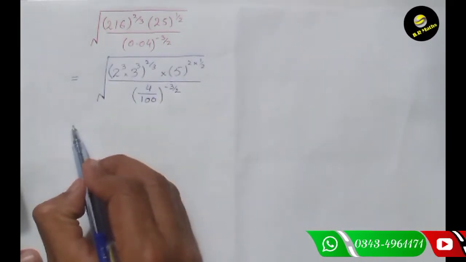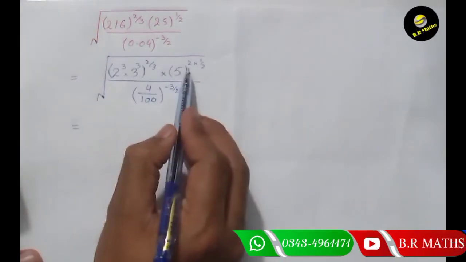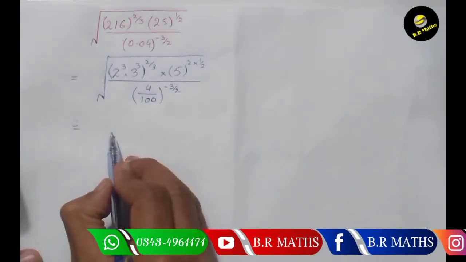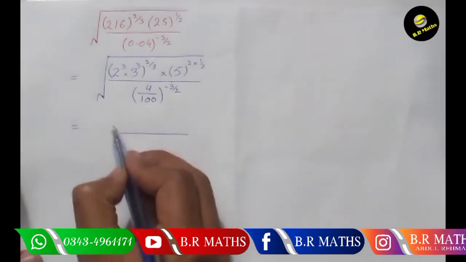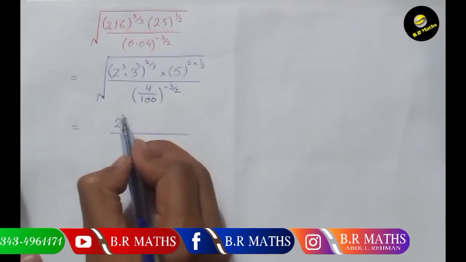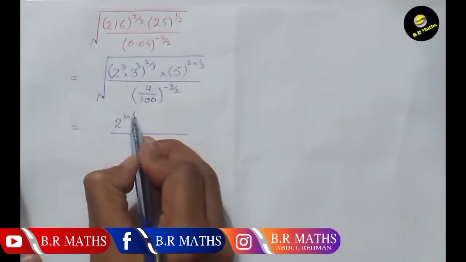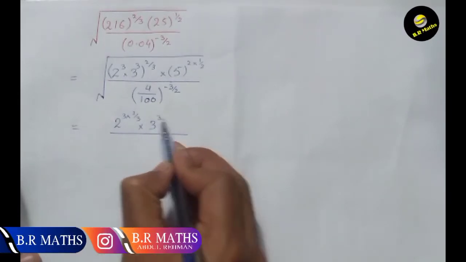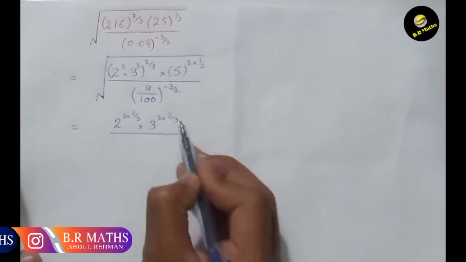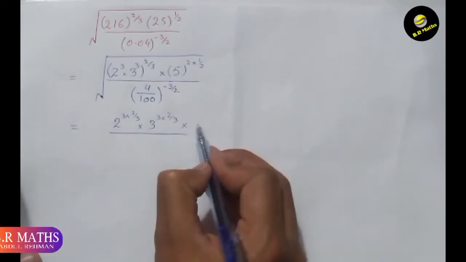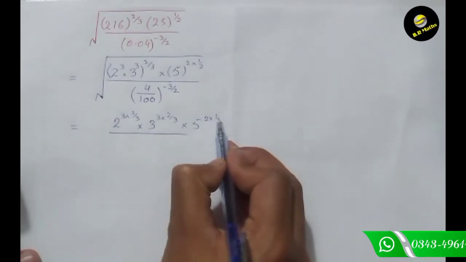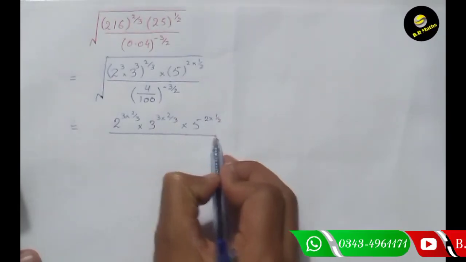The next step is to open the bracket. 2 raised to power 3 multiplied by 2 by 3, and 3 raised to power 3 multiplied by 2 by 3, and here 5 raised to power 2 multiplied by 1 by 2.